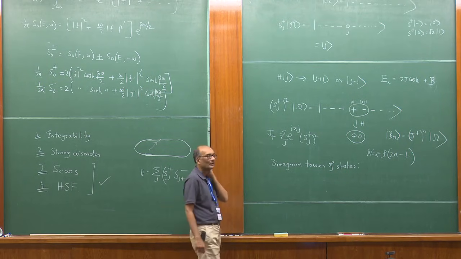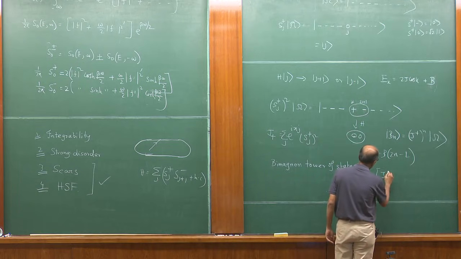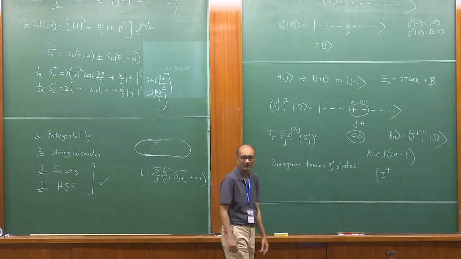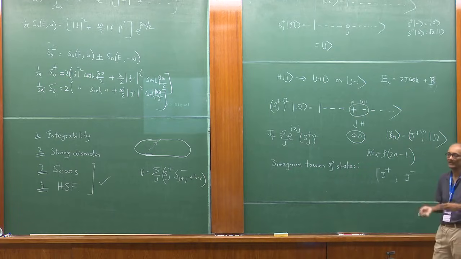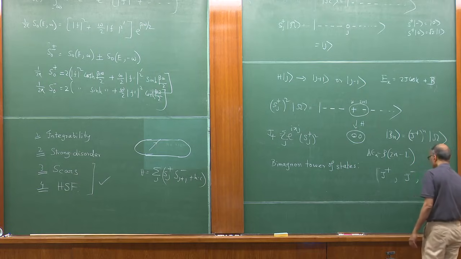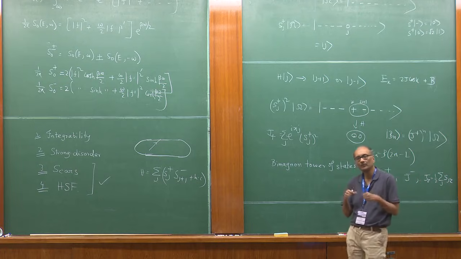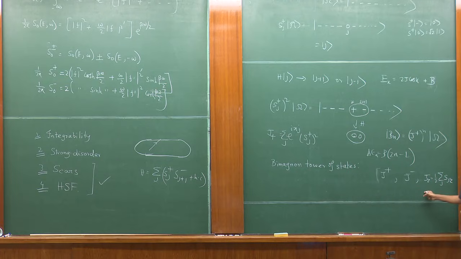It turns out that if you have this J plus, which is this operator, and this Hermitian conjugate J minus, which of course takes a pair and annihilates that, and Jz, which is half of summation over j of the total spin, they form an SU2 representation. They satisfy this SU2 algebra.